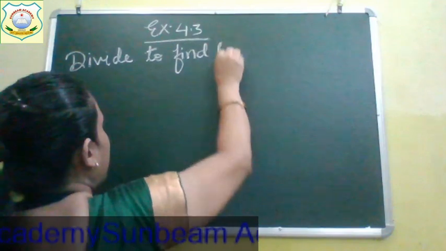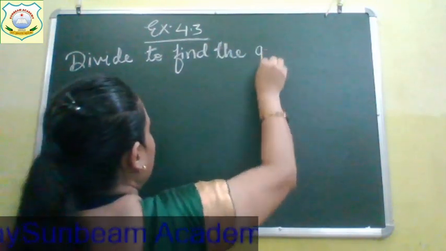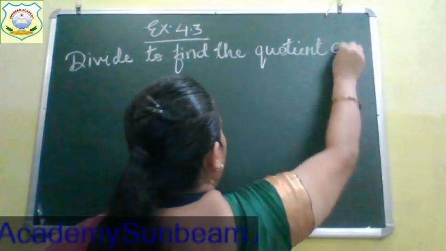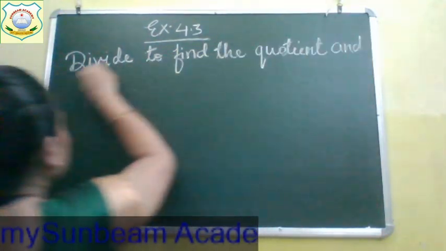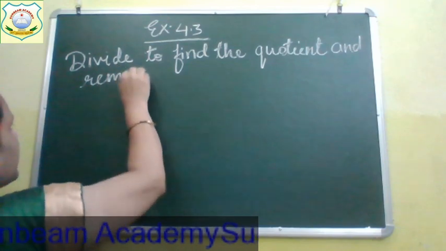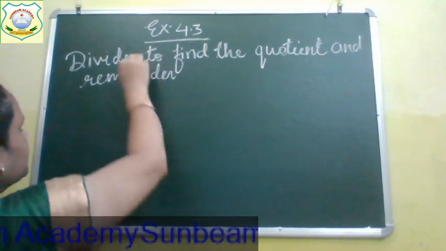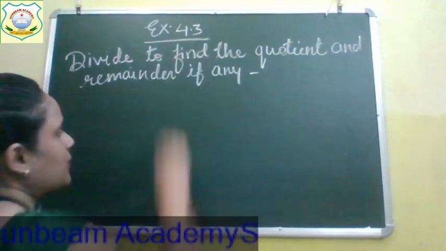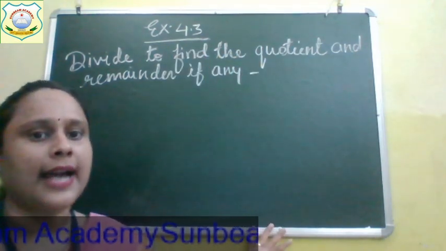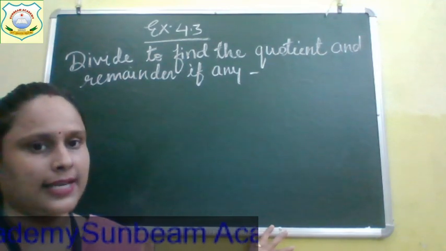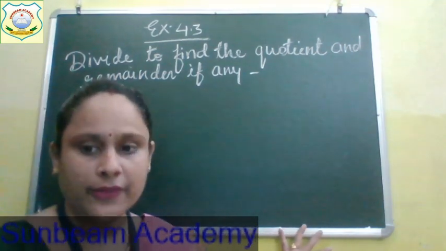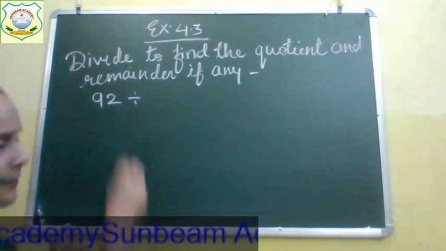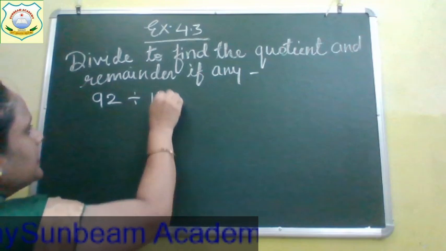So here in this question you have to find the quotient and remainder, if there is any. First we will divide and see. 92 divided by 40.